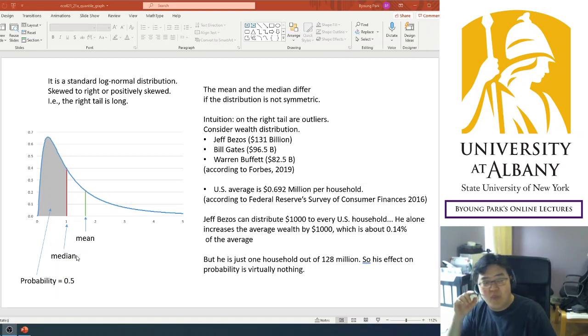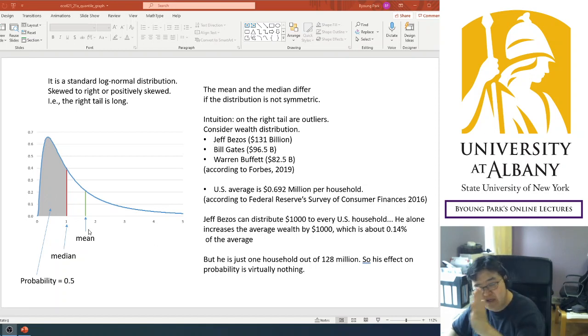Another thing you have to understand here is that they are not only different, but there is a pattern: the mean is greater than the median. The main problem is that the tail is long on the right-hand side. Because of this tail, the mean is closer to the tail, so it affects the mean more.